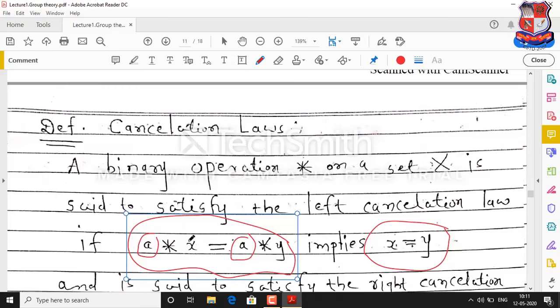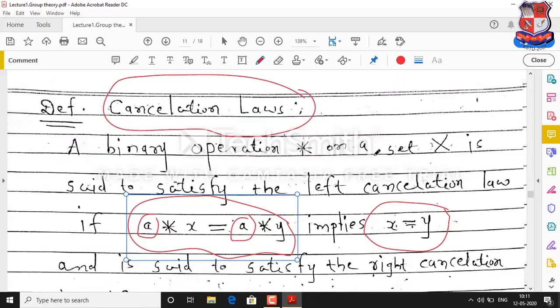You are familiar with numbers. Suppose you have the multiplication operation, then A into x equal to A into y implies x equal to y if A is non-zero. Okay. For 0 it is not possible. So we generalize that concept, cancellation laws, when we can cancel out the elements with respect to a given operation.